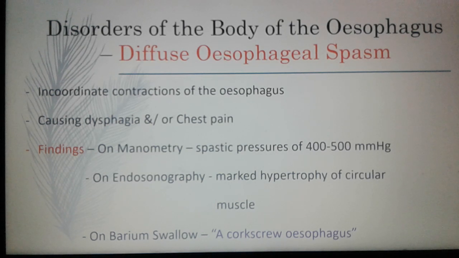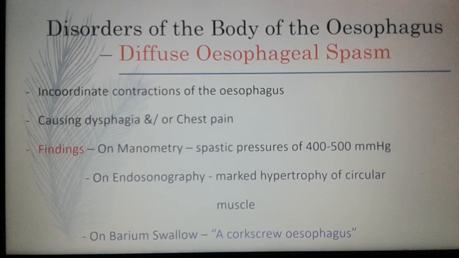On endosonography, the circular muscle layer of the esophagus is markedly hypertrophied. And on barium swallow, a corkscrew esophagus is seen. Again, a very important point regarding your PGME preparation after passing out of MBBS.